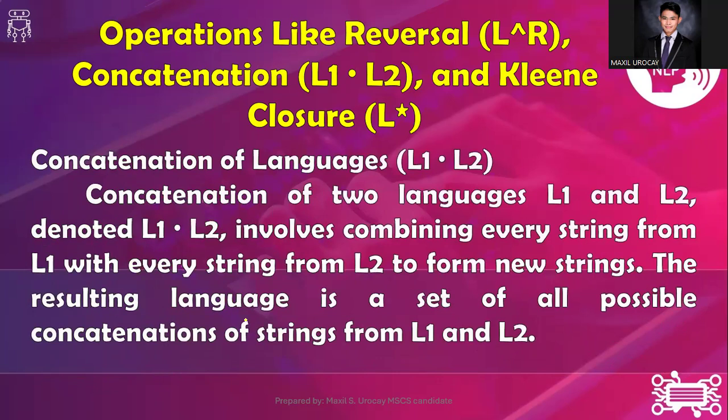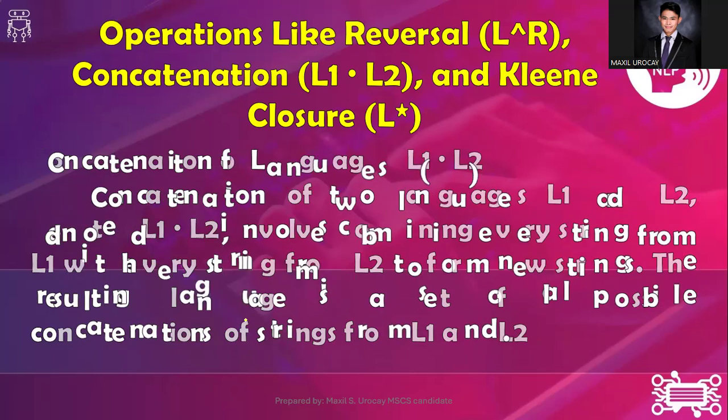Now next will be the concatenation, L1 and L2. Concatenation of two languages, denoted as that, involves combining every string from L1 with every string from L2 to form a new string. The resulting language is a set of all possible concatenations of strings. So we're simply combining them.